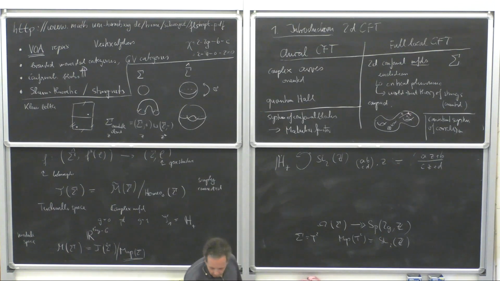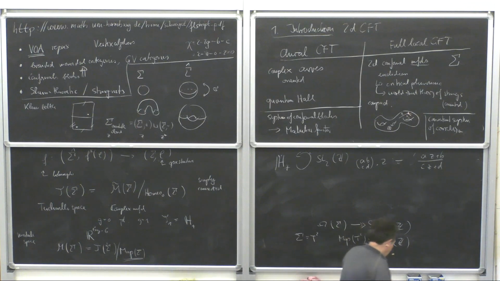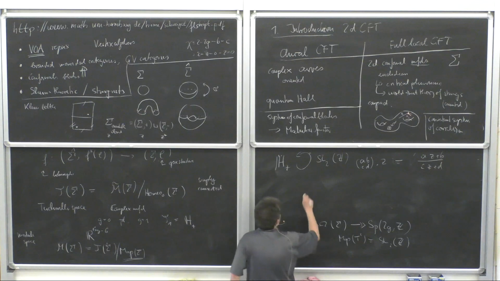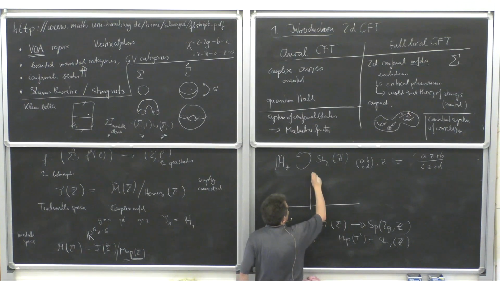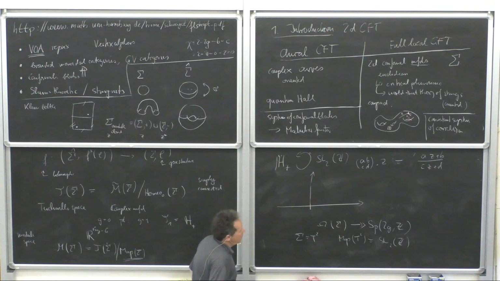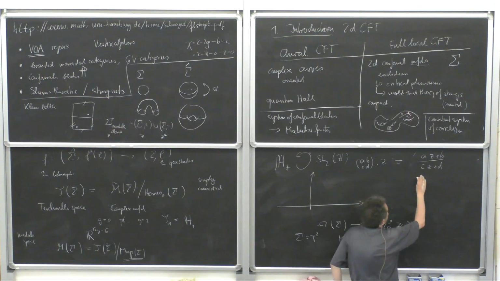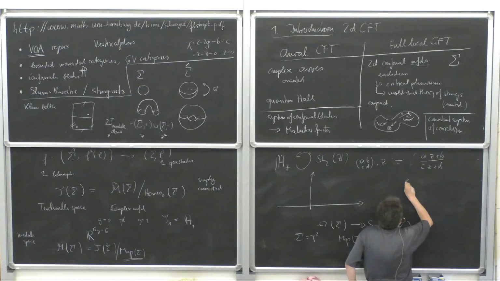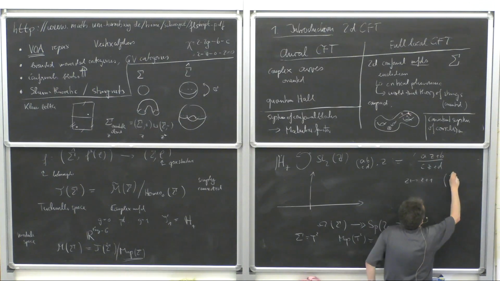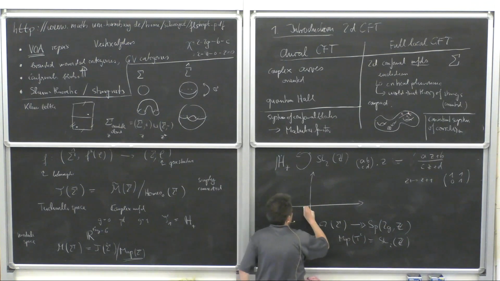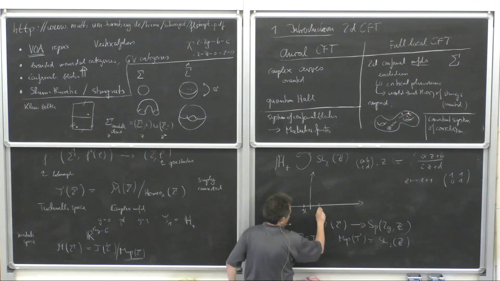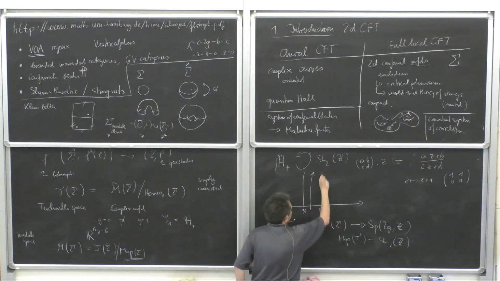And before finishing this quick chapter on two-dimensional geometry, maybe I should do this action explicitly to recall things you have seen before. If this is the upper half plane, then the modular group has one generator which sends z to z plus 1. This corresponds to the matrix (1 1; 0 1). Well, this allows me to restrict to a strip between minus 1/2 and 1/2.